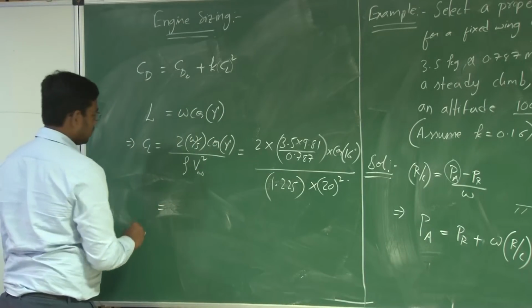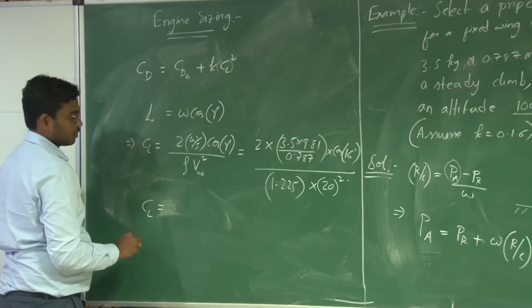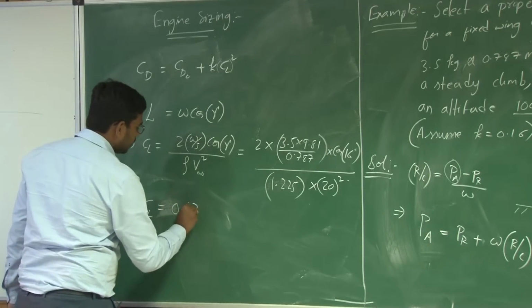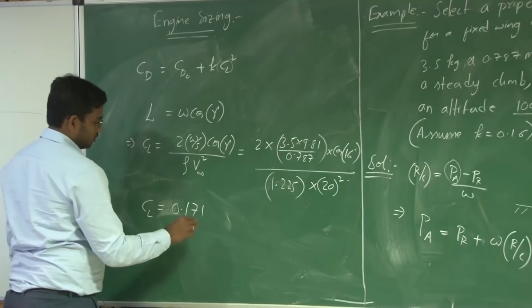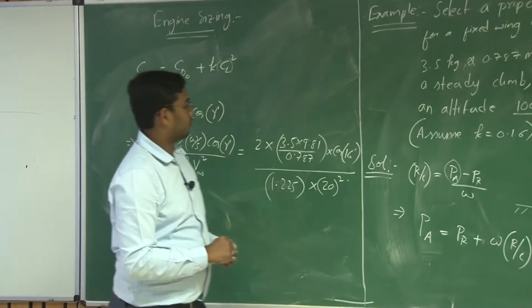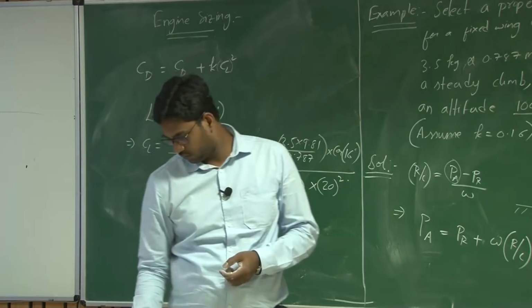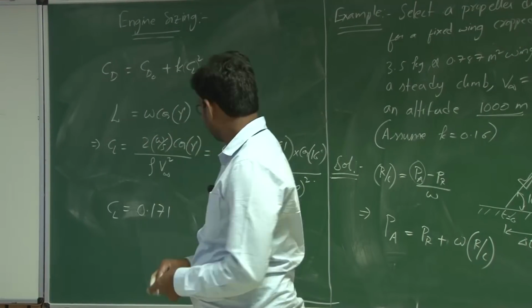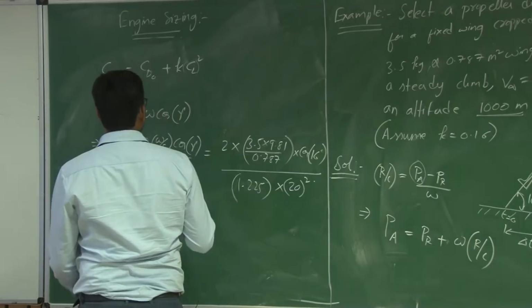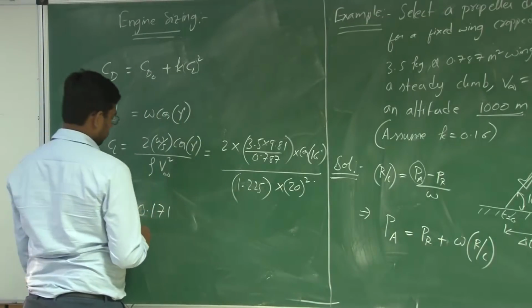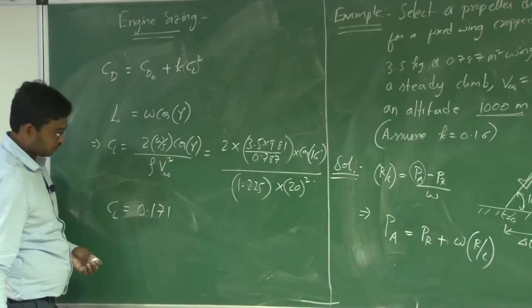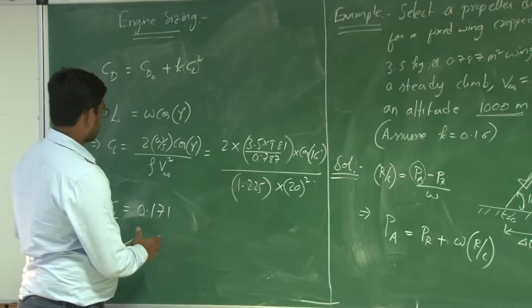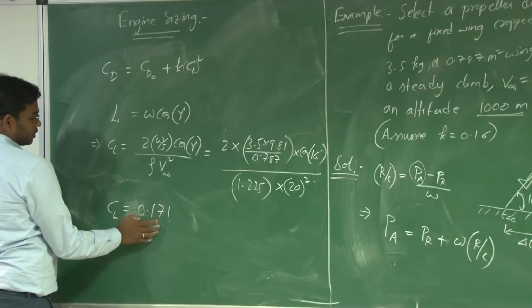So what is CL value here? CL is equal to 0.171, right? If I am not wrong, 0.171, right? And yeah, 0.17. Now you got the value of CL.